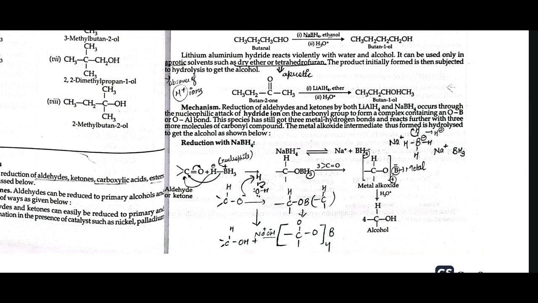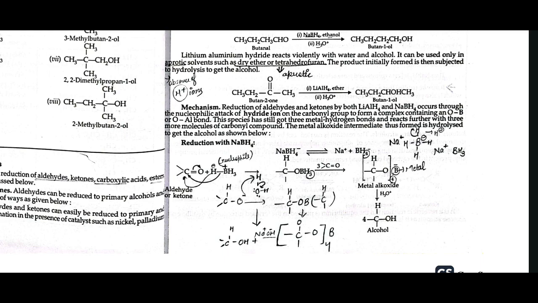Mechanism. Reduction of aldehydes and ketones by both LiAlH4 and NaBH4 occurs through the nucleophilic attack of the hydride ion on the carbonyl group to form a compound containing an O-B or O-Al bond. This species still has three metal-hydrogen bonds and reacts further with three more molecules of carbonyl compound.